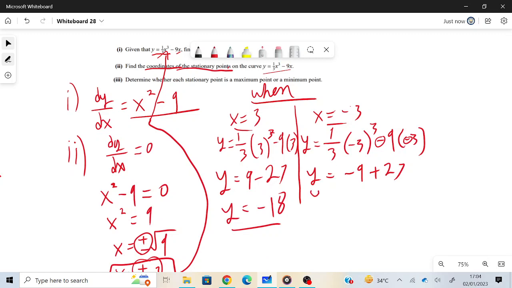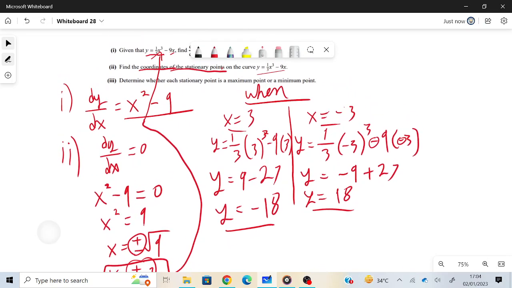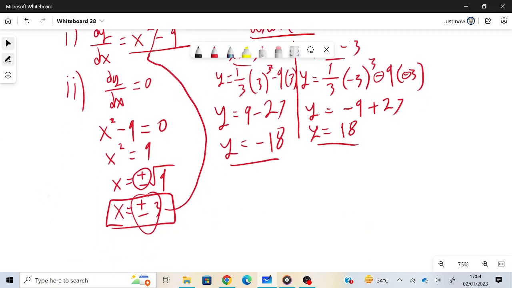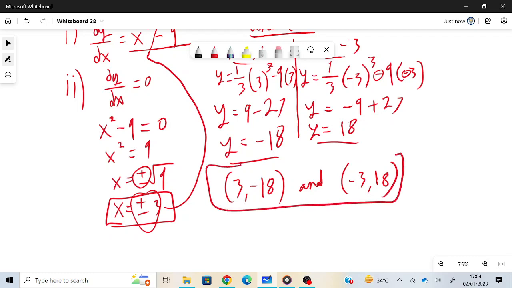And doing this would be y is equal to 18. So when x is minus 3, y is 18, and hence the two stationary or critical or turning points are (3, minus 18) and (minus 3, 18). Those are your two stationary points.